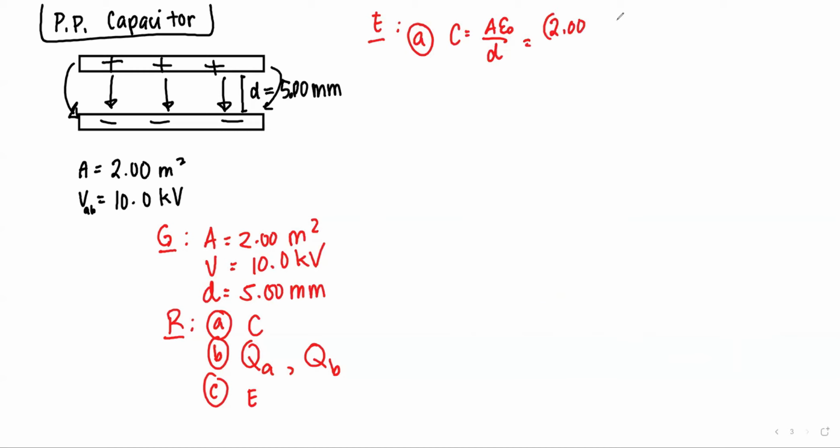Do we have epsilon naught? Of course we do, that's 8.85 times 10 raised to negative 12, divided by your distance. Do we have distance? It's 5 mm, so convert it: times 10 raised to negative 3. Good. Okay, answer?